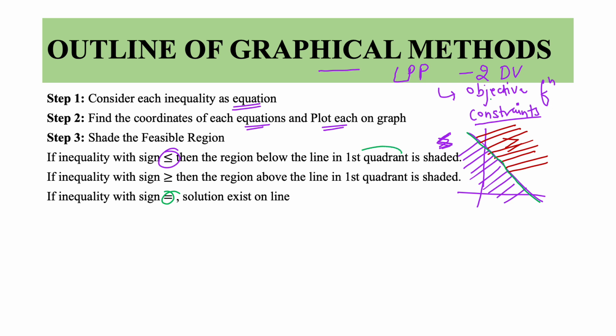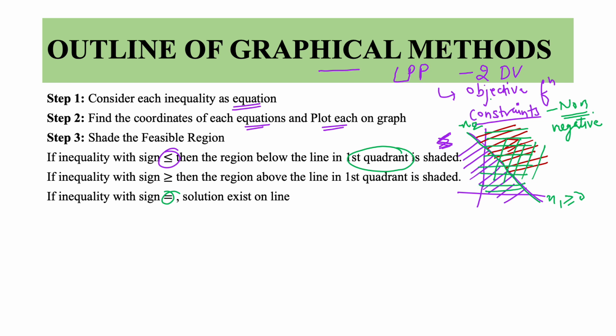Now why have we written the first quadrant here? Because we have seen that the constraints include non-negativity restrictions, which say that all the variables are greater than 0. So if I have two variables like x1 and x2, greater than 0 means all the region above the x1 line, and similarly for x2 it will be on the right hand side.